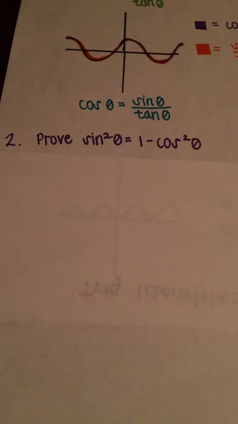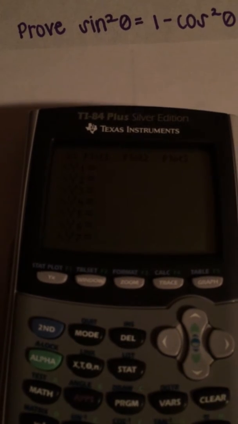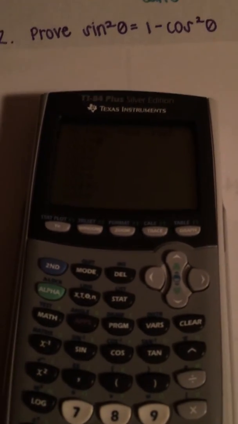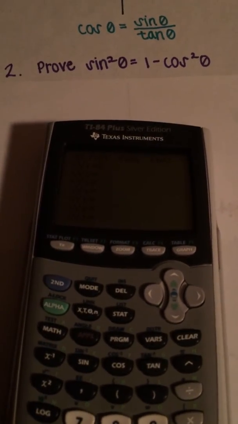Example number 2. Prove sine squared theta equals 1 minus cosine squared theta. Well, we're going to do the exact same thing. We're going to plug each side into the graphing calculator.